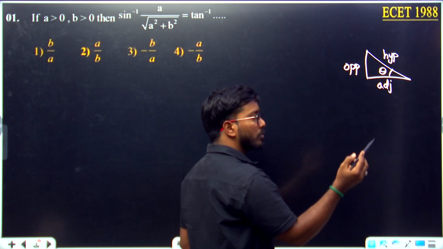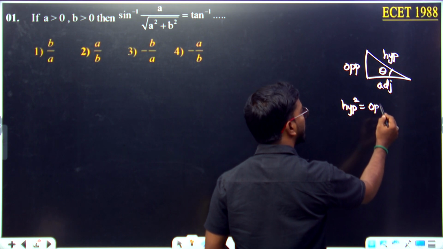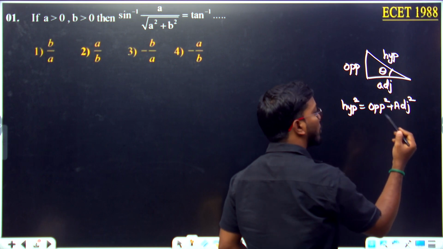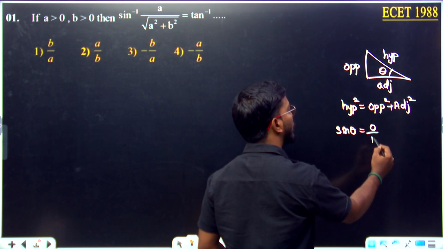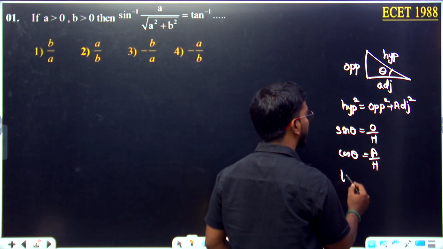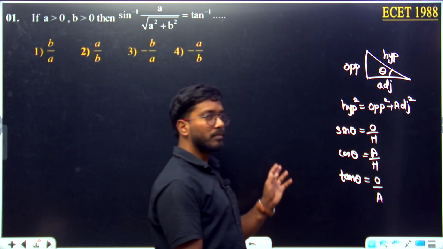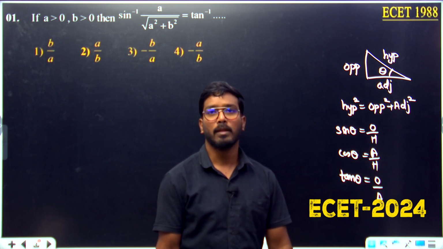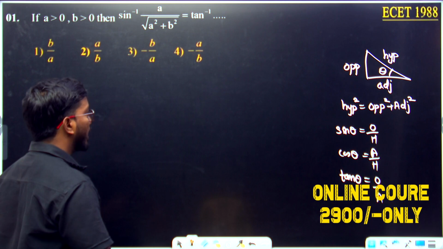We know the Pythagoras theorem: hypotenuse square is equal to opposite square plus adjacent square, based on which sin theta, cos theta, tan theta: sin is opposite divided by hypotenuse, cos is adjacent divided by hypotenuse, and tan is opposite divided by adjacent. Similarly, vice versa with the three others, that is cosecant, secant and cot. Let's see how the previous year questions have been made based on this triangle form.